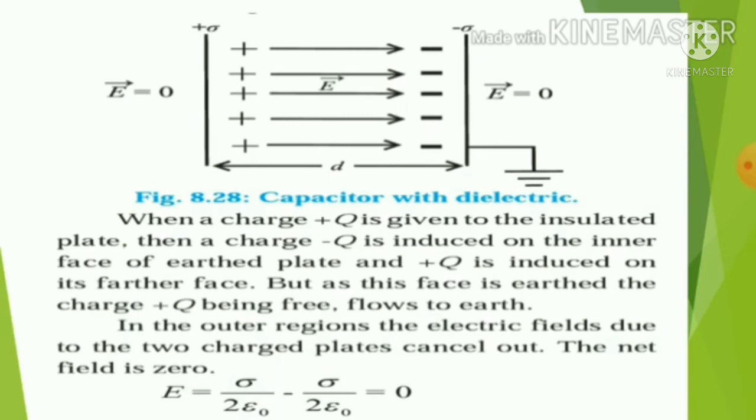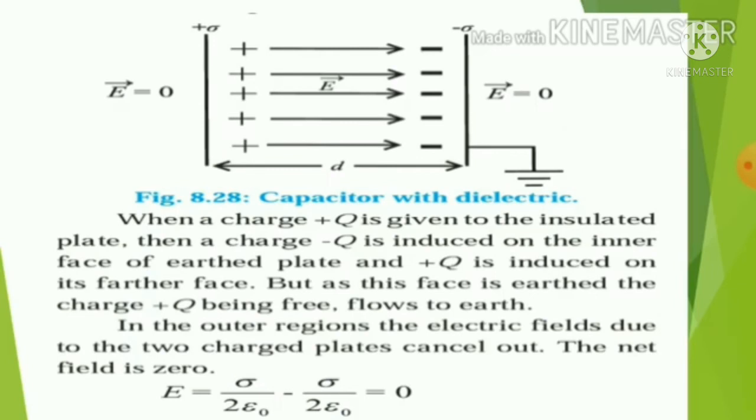Capital E is the electric field present between the first and second plate. In the outer region of the first plate, E equals 0, and due to grounding of the outer region of the second plate, E is also 0.